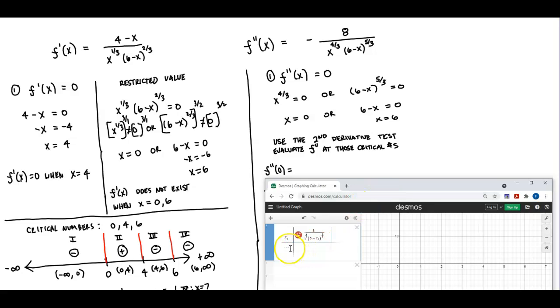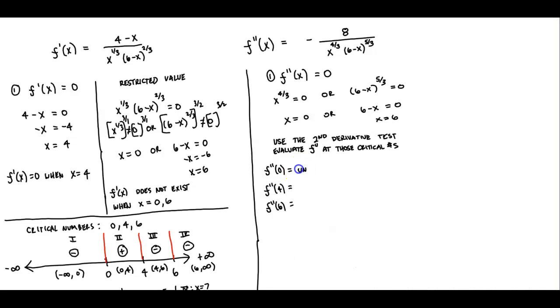Okay, so what happens when we get 0? If we plug in 0, it's undefined. So we already know it's going to be undefined.